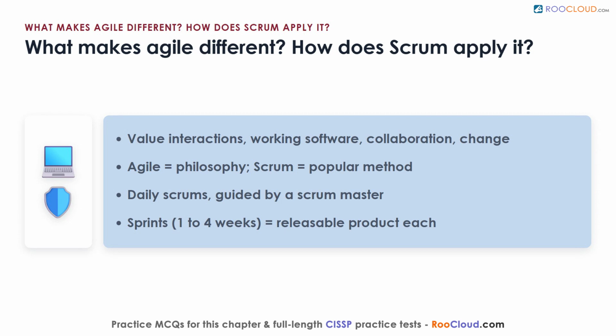Scrum runs on short daily meetings, also called scrums, where the team reviews progress, plans the next day, and clears obstacles, guided by a Scrum Master who keeps things moving. Work happens in sprints, tight windows usually of 1 to 4 weeks, each ending in a functioning, releasable product that grows richer sprint by sprint. Think of it as building a working car one drivable version at a time, rather than unveiling the finished vehicle only at the very end.